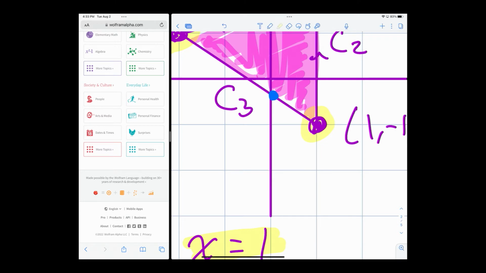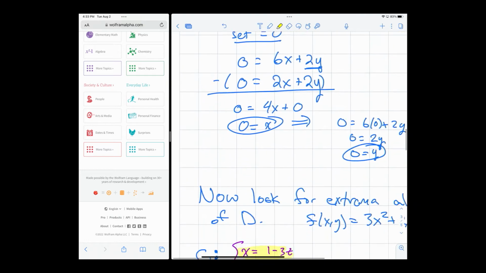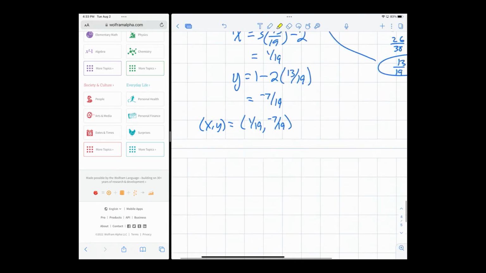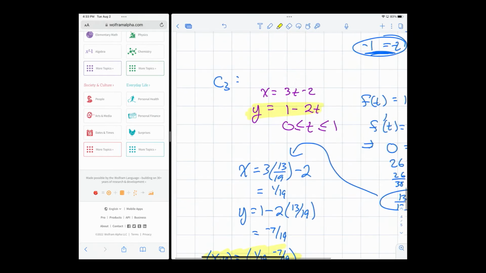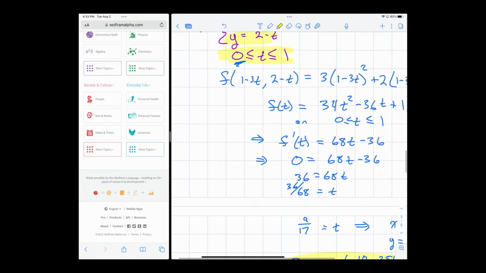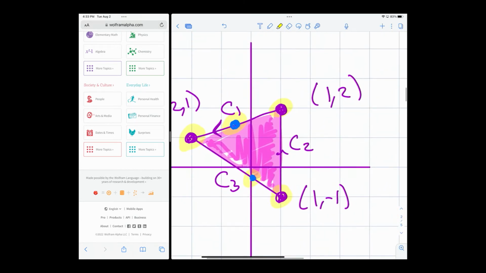And we've got another point. So overall, back up here, what we've come up with is that the maximum and minimum of f has to be at one of these points.